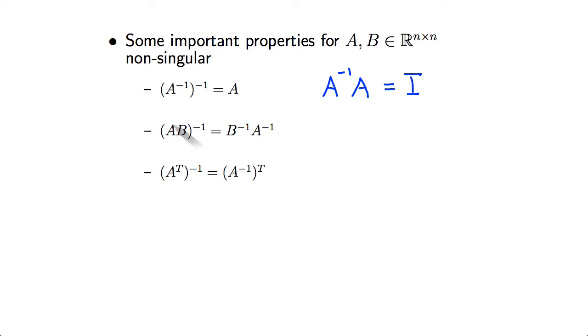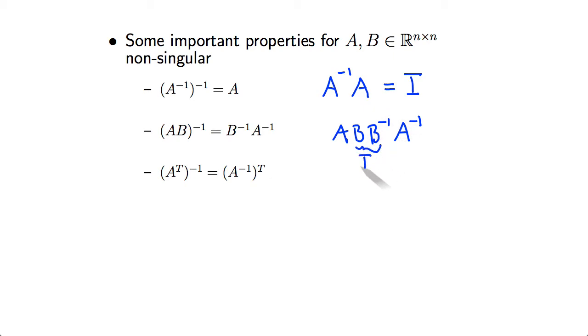Similarly, if we invert a product of two matrices where both these matrices are themselves non-singular and square, this equals the same product just in the reverse order. This again is pretty easy to show because if we have A times B and we multiply it by B inverse A inverse, well, first these two terms cancel, right?